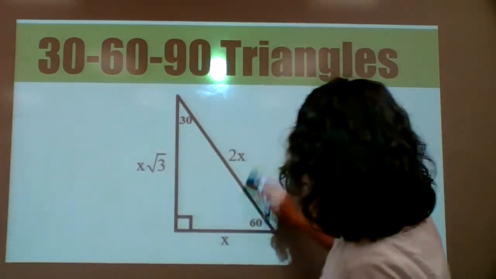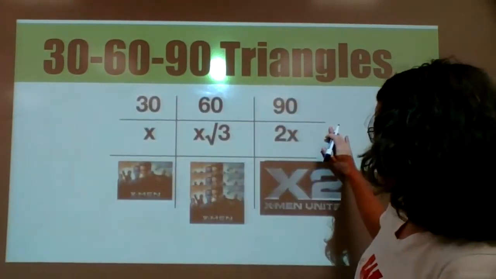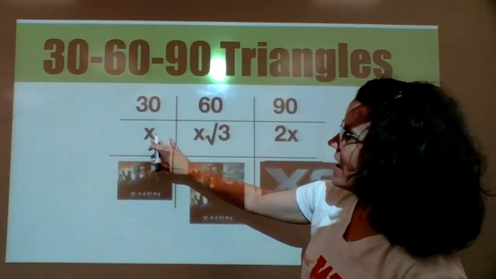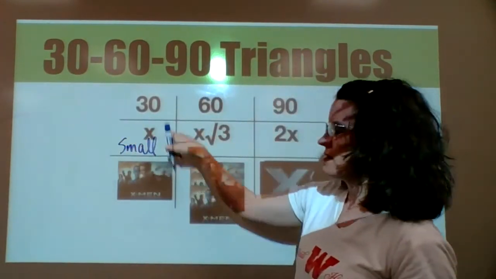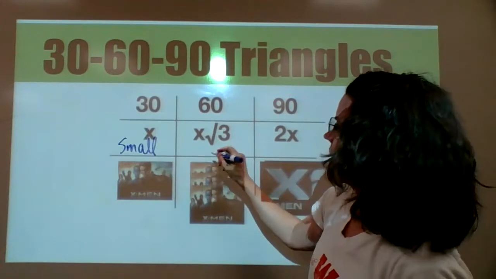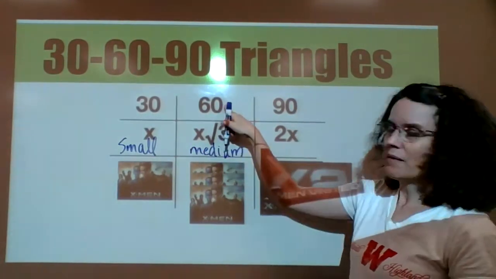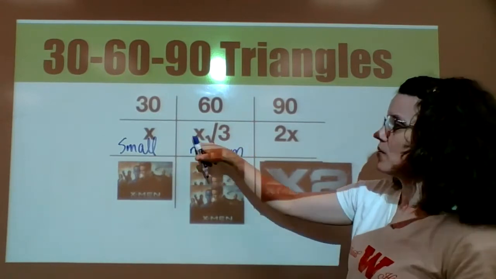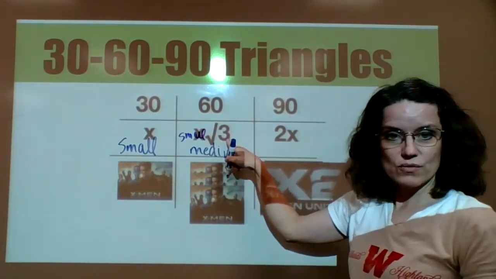To set that up, we like to use this chart again, where we go, okay, I have my small side is opposite the 30 degree. My medium side is always opposite the 60 degree, and it's always the small times root 3.